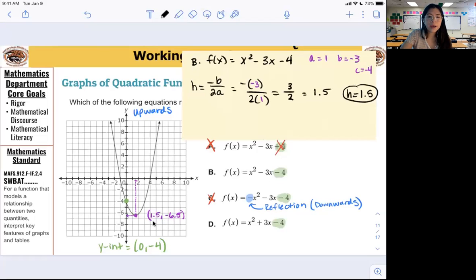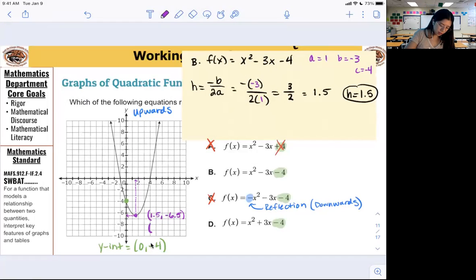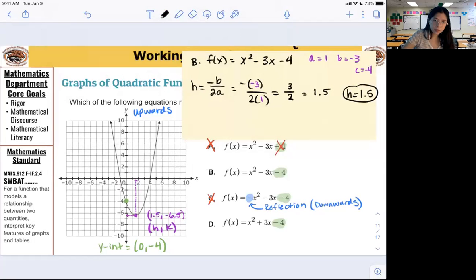Does the H value match so far? Yes. Remember that the vertex is H comma K. So far I have the correct value for H. Now I just have to check to see if I get the correct value for K. So how do I find out K? After you find out H, how do you get K? You plug it in. So I'm finding f of 1.5.